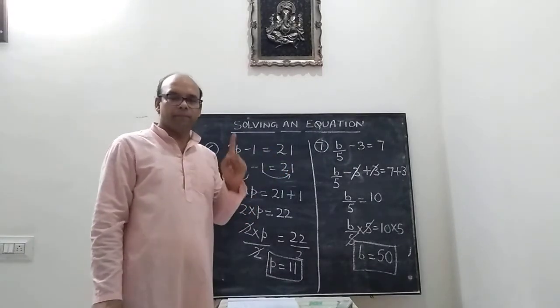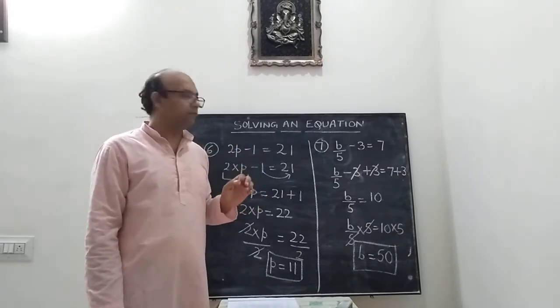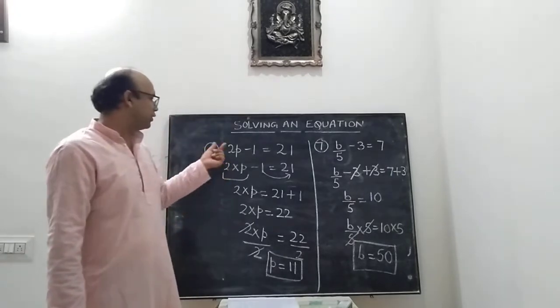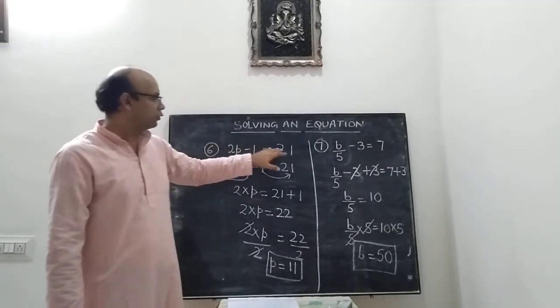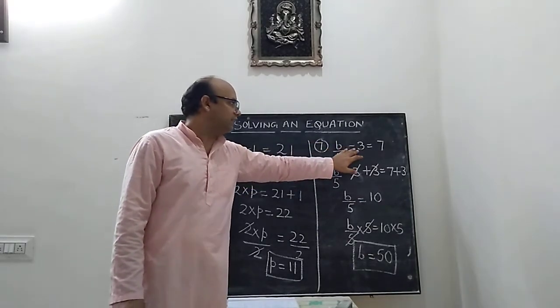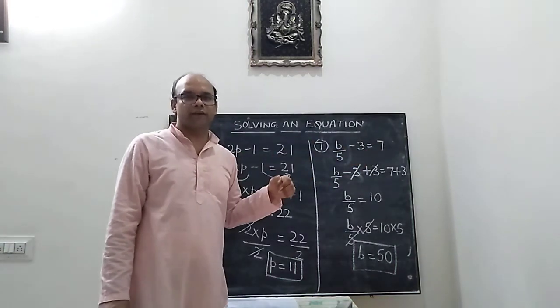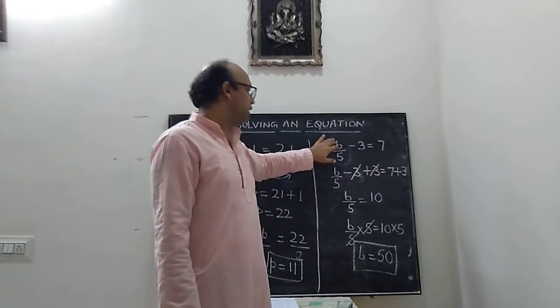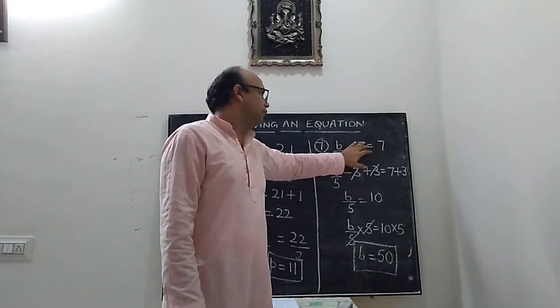First of all, pay attention to the terms and what operations are being performed between them. For example, over here it is 2 into p, then 1 is subtracted so that we get 21. b is divided by 5, then 3 is subtracted. So we do the reverse of everything. If b is divided by 5 and 3 is subtracted, we get 7.